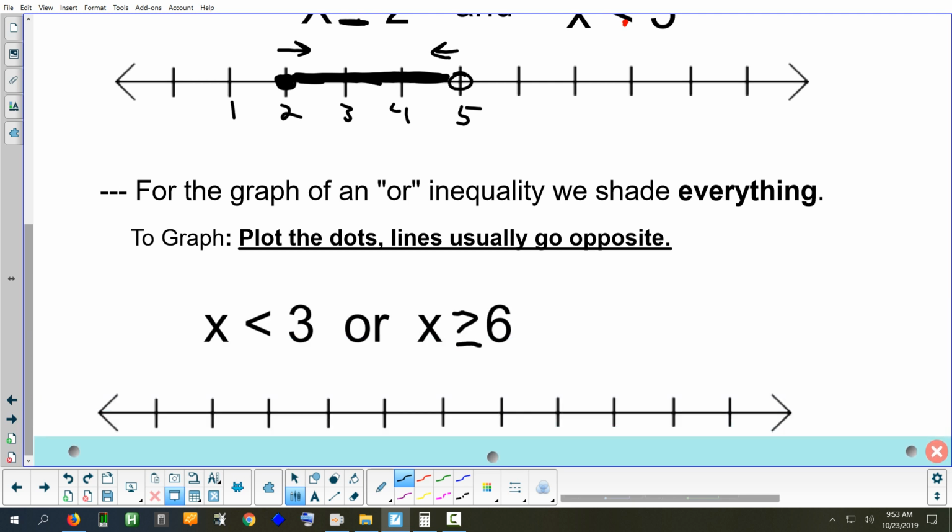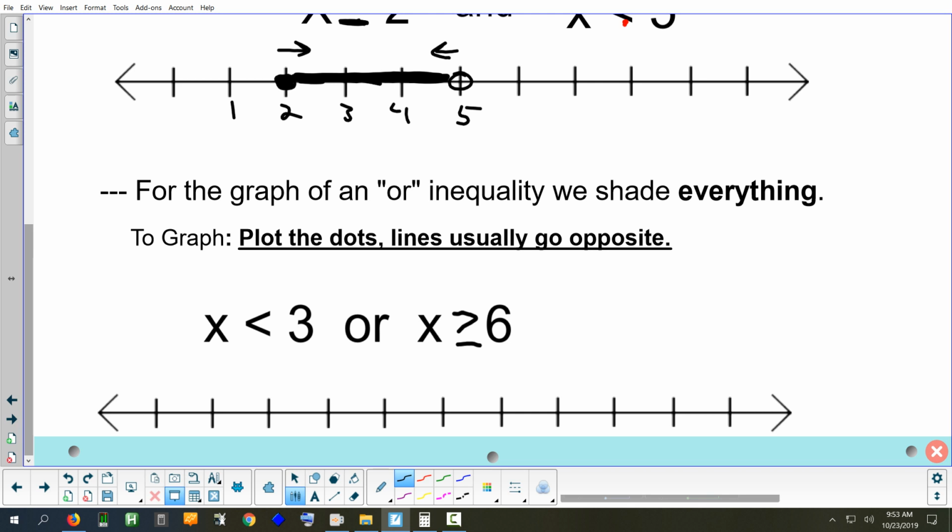Okay, so let's try this one. x is less than 3 or x is greater than or equal to 6. Now, if I put an and there, how come an and wouldn't make sense at all? If I said to you, pick a number that is less than 3 and greater than 6.